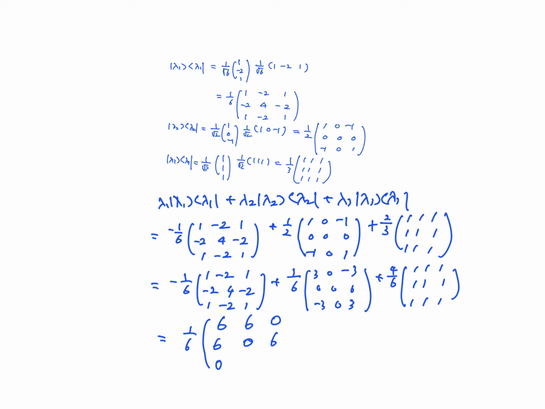Plus 2, 0, 4, 6. The last one, minus 1, plus 3, plus 4, 6, right? So it becomes 1, 1, 0, 1, 0, 1, 0, 1, 1, same as A, right? So we can see the spectral theorem is also working for 3 by 3.